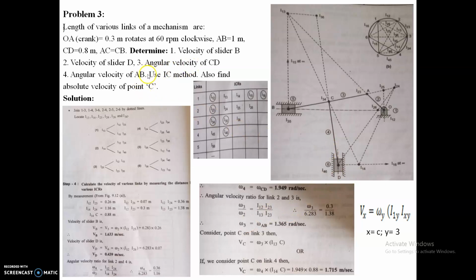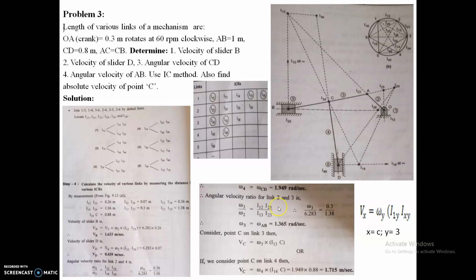The angular velocity of link AB means omega 3 and the angular velocity of link CD means link number 4. So omega 3 and omega 4 are unknown. First of all, we have the angular velocity ratio theorem. Let us apply this angular velocity ratio theorem to determine the angular velocity of link AB, that is omega 3.